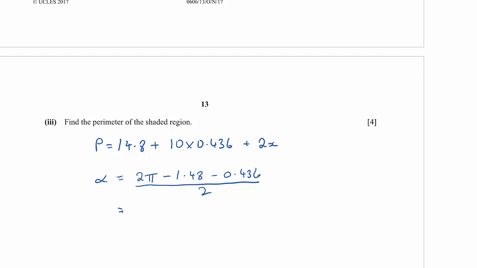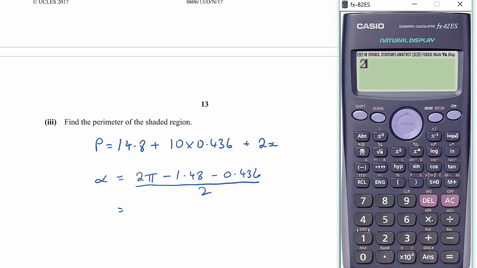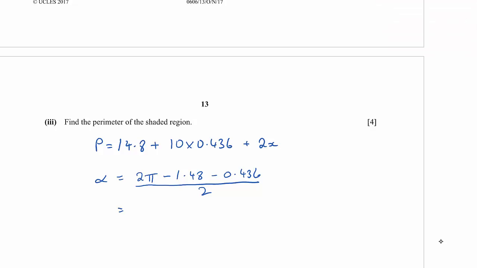So let's calculate that. 2 times pi take away 1.48, take away 0.436 and divide by 2 gives us 2.184, so I'll say 2.184 like that.